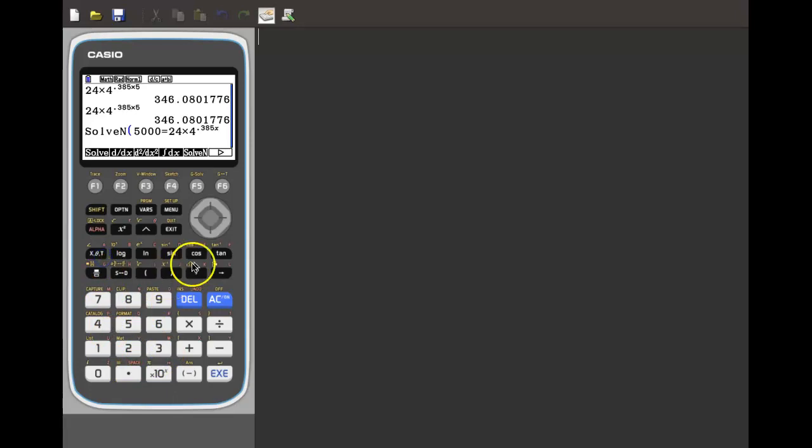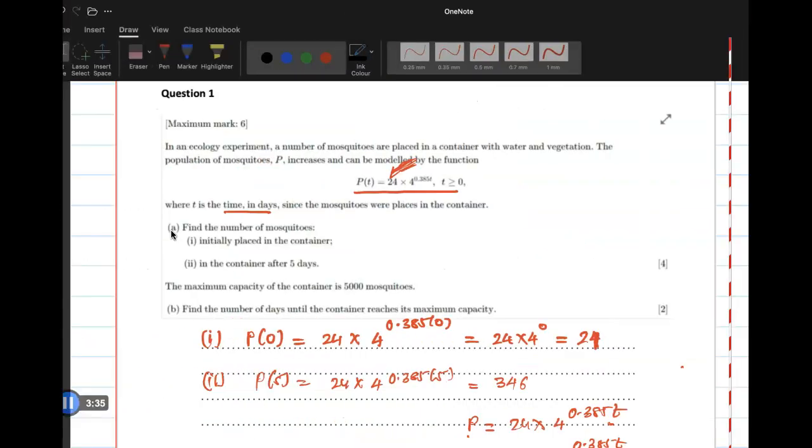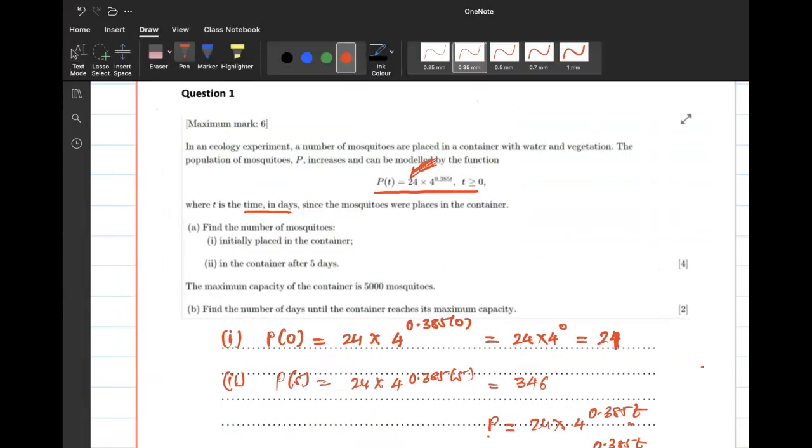We'll put t as x. You're solving for the variable x. So you can just press solve. Once you do that, you get 10. So t is equal to 10 days. So 10 days it will take for the mosquito population to reach 5,000.